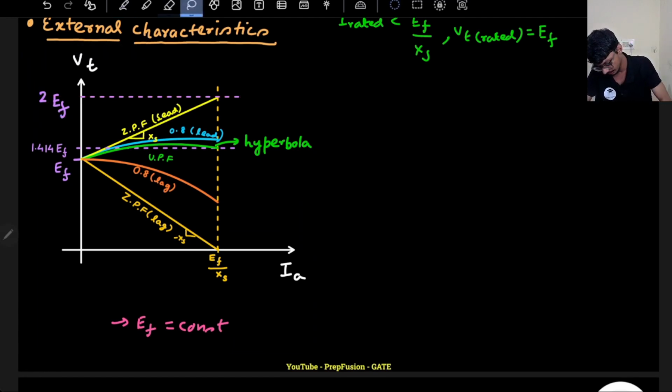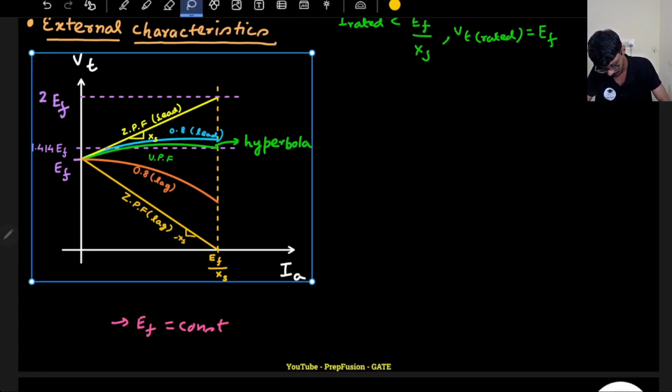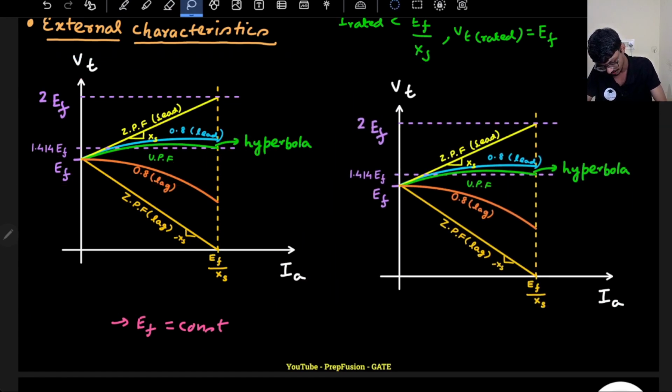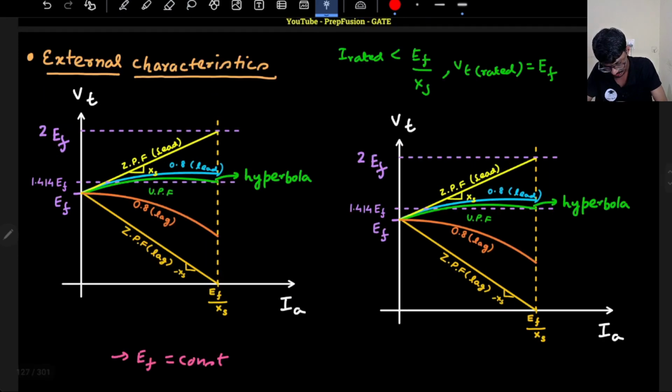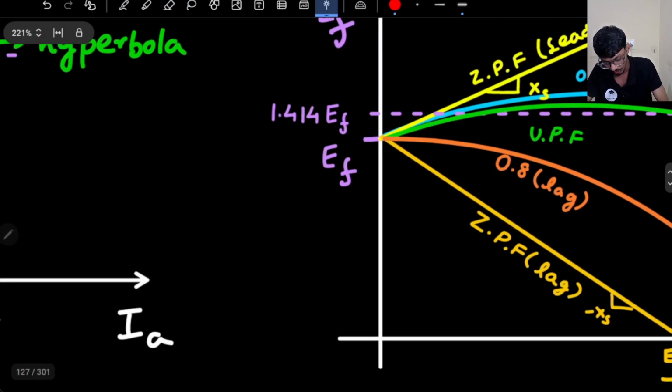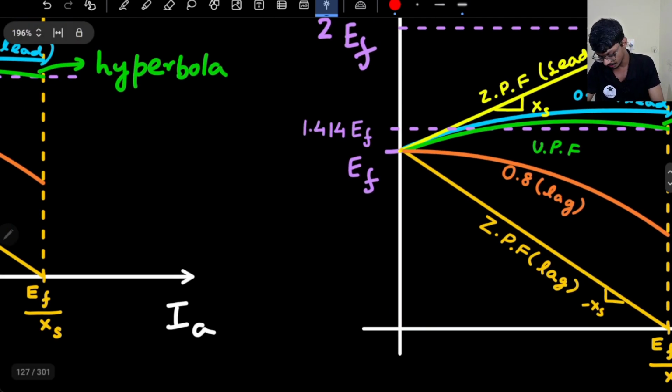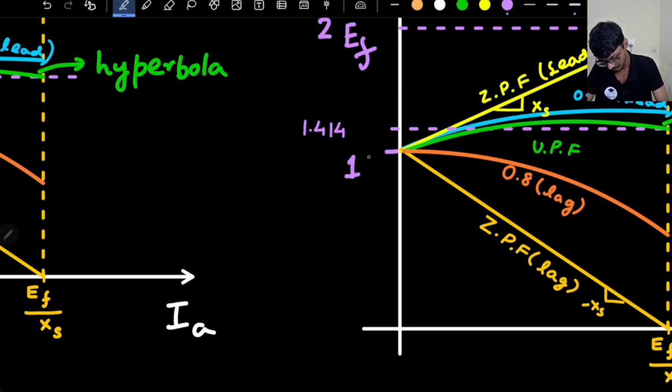Now, if I want to draw this in per unit, how will I draw it? A few things I have already mentioned to you. What have I mentioned? That my V rated is Ef. So all the voltage levels will be divided by the rated value. Actual upon rated is known as the per unit quantity. So everywhere I will divide by Ef. So Ef will be 1 PU. This will be 1.41 PU.